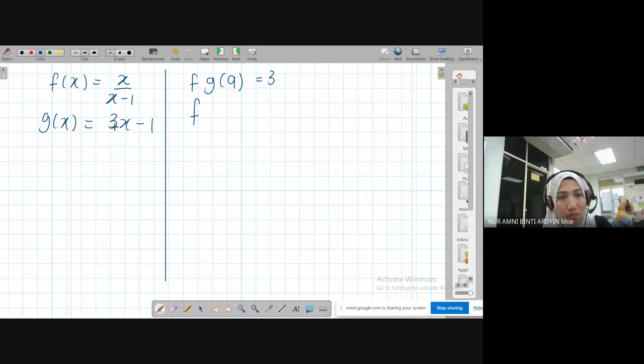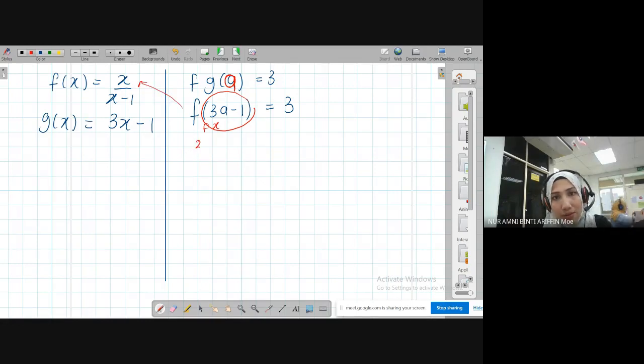Okay, G, A, masukkan dalam ni lah, dia akan jadi 3A minus 1 equal to 3. A, nampak tak? A saya macam 9 pula. A, selalu sebelum ni you gunakan X kan? So this one, A, you just put in the X. Okay, so that kita akan dapat 3A minus 1. So here, this is Fx, right? Ini adalah Fx. So this is the value for X. Kita gunakan masuk dalam inilah.